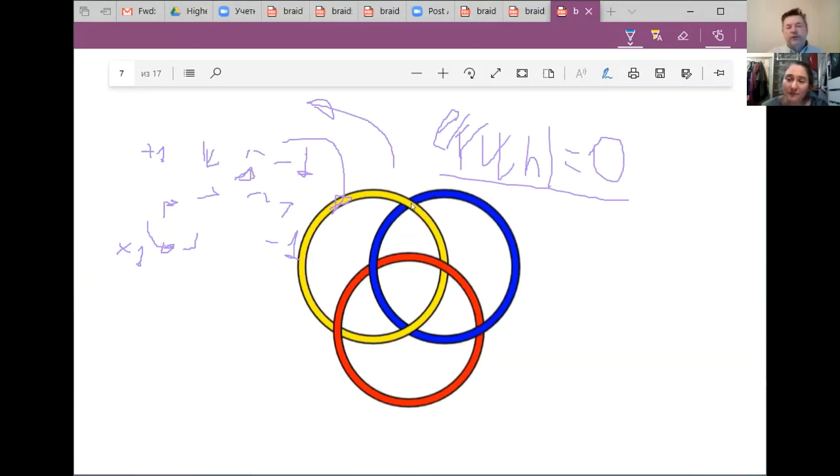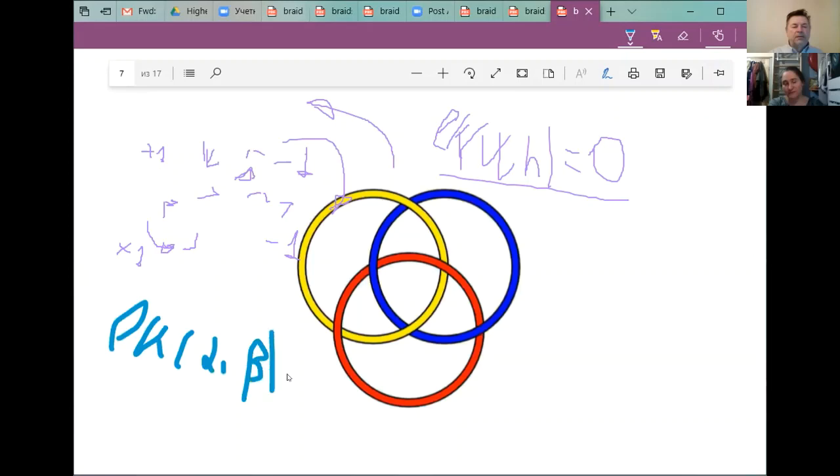So you have, for example, +1, -1, and by the construction of Borromean, the linking number of any two components, alpha, beta, is 0. So in the case of the three-component Borromean rings, linking number also tells us nothing.